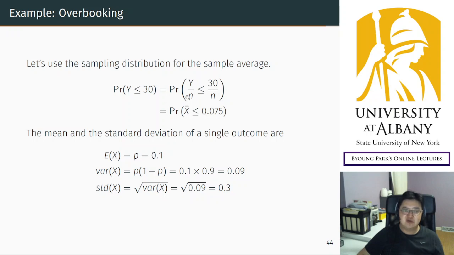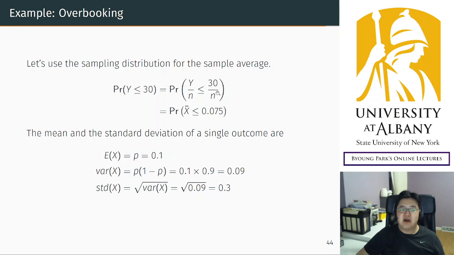Because y is the summation, the sum divided by the sample size equals the average, or the cancellation rate. Then you have to divide y by n, and do the same thing on the other side to keep the inequality unchanged.